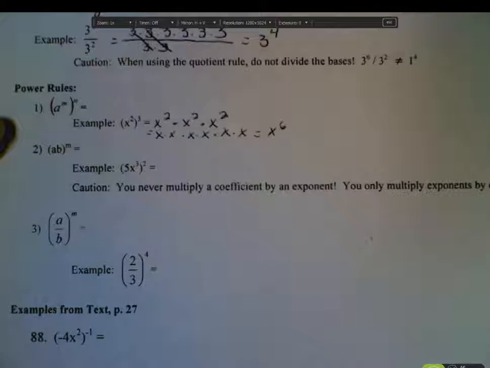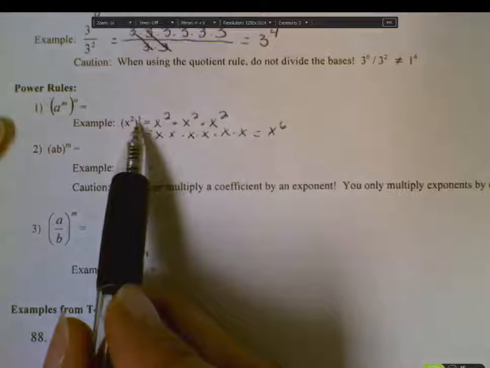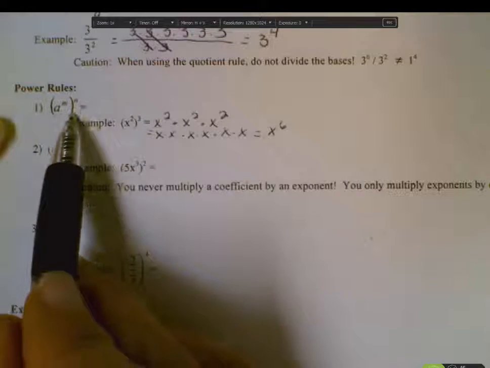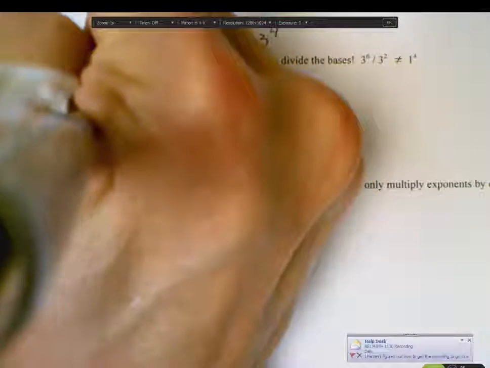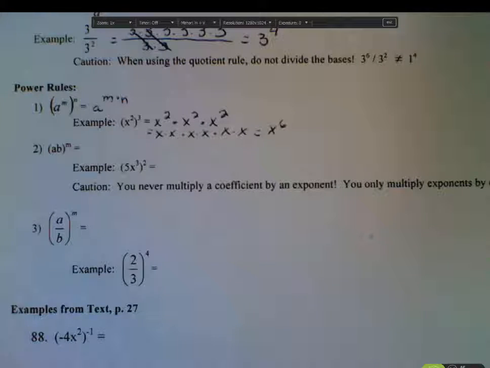That's x to the sixth, and that's what we would have gotten if we had originally multiplied those exponents. So when you raise a power to a power, that's when you multiply the exponents. a to the m to the n is a to the m times n.